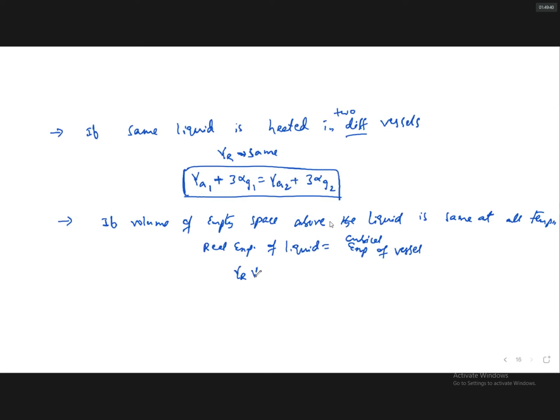That is, gamma R into the volume of the liquid into delta T is equal to gamma Z into the volume of the glass vessel into delta T.